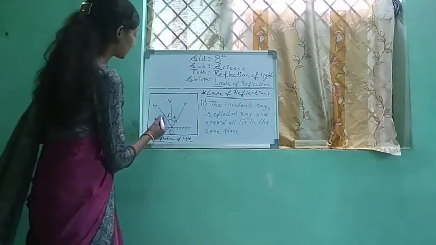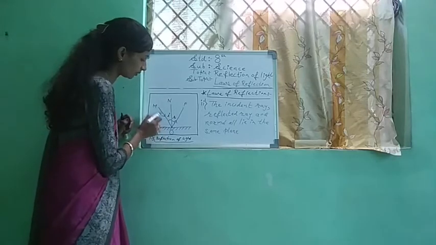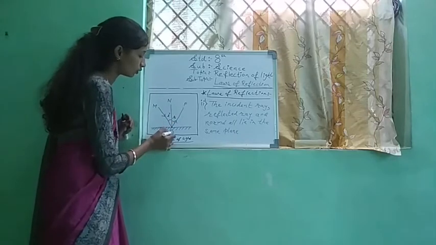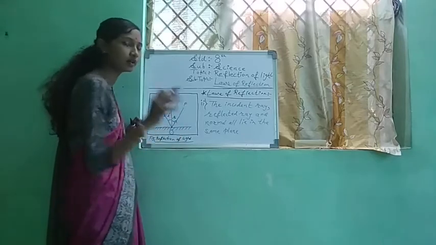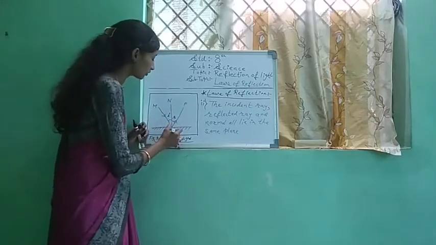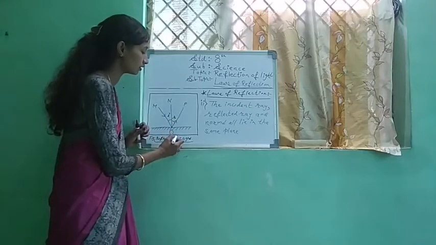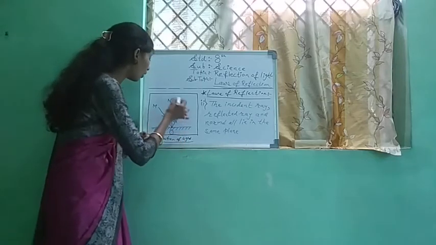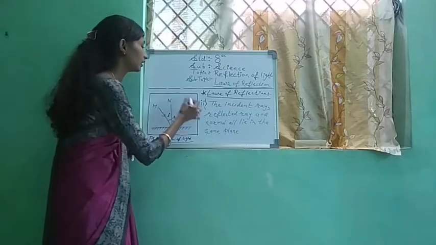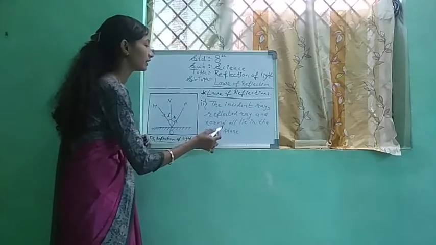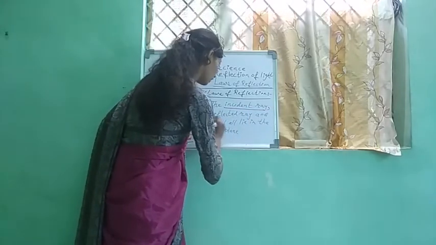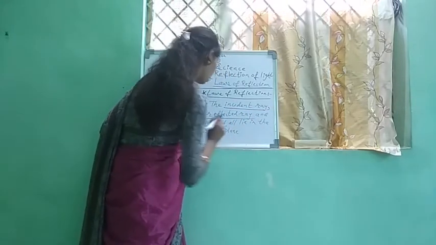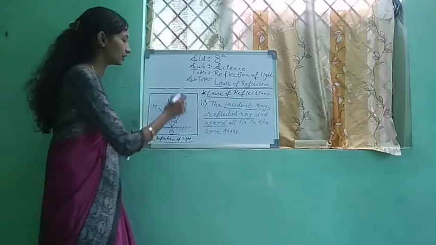See here, you can see this is the incident ray, MO is the incident ray, NO is the normal or ON is the normal, whatever you can say with your convenience. Then OP is the reflected ray. All these three, means incident ray, reflected ray and normal, they lie in the same plane.